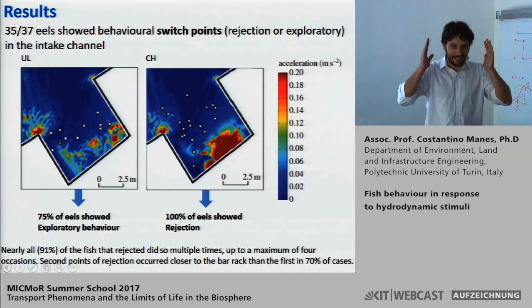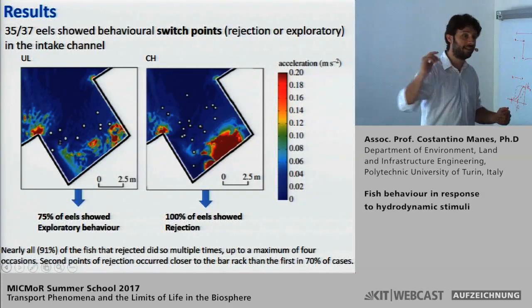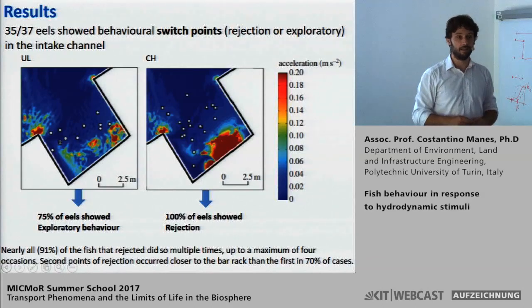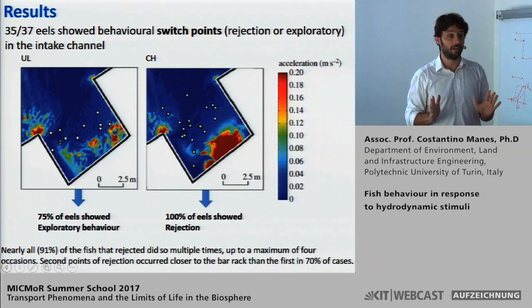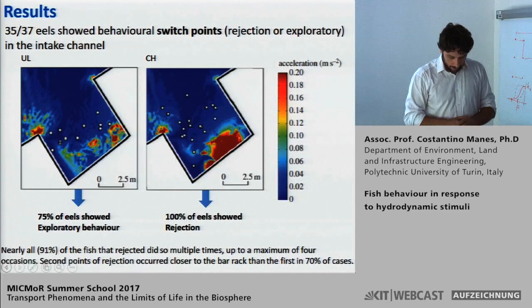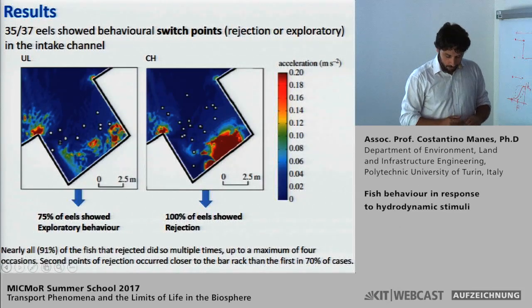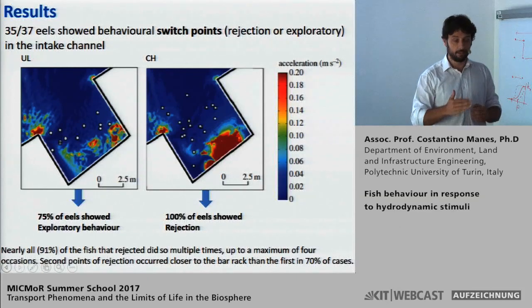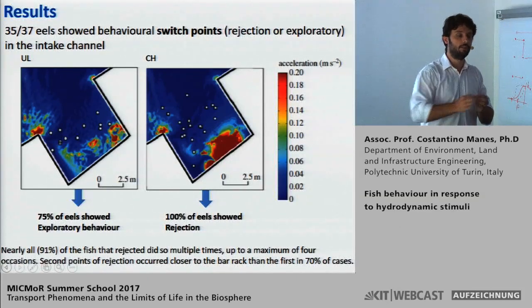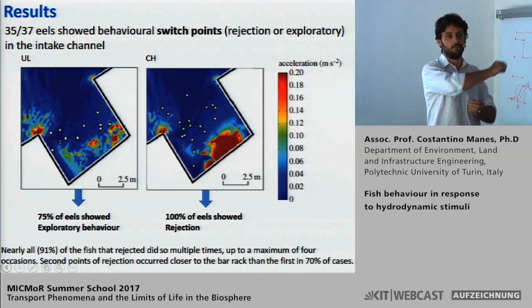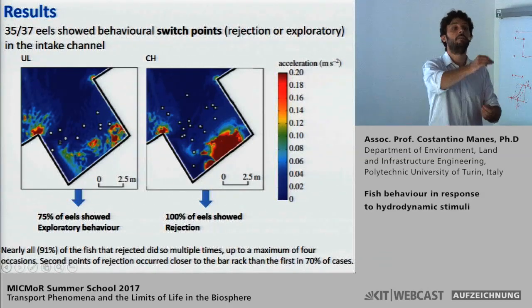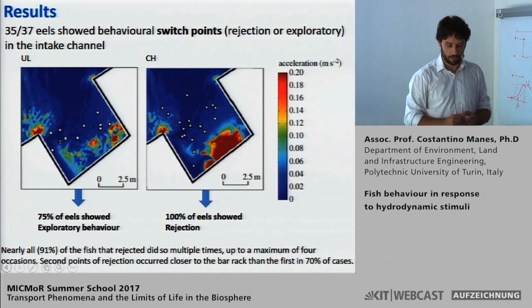Once they approached the barrack, they started swimming upstream, clearly scared. Every time there was a rejection, nearly 91% of all the fish rejected multiple times. They tried to pass, got scared, went back, swam a little bit, then went back there, got scared again, then there was some habituation, and eventually they went through the rack. Okay, so that was what happened.